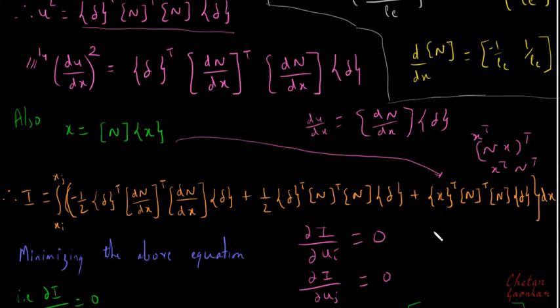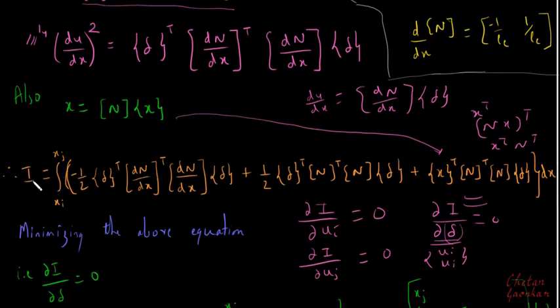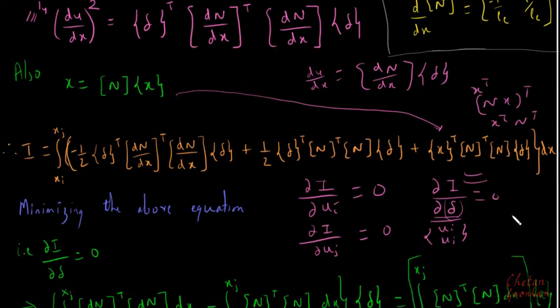Or I can directly minimize this equivalent functional with respect to delta, which consists of both ui as well as uj. So it is better to go with this method rather than going with the two separately. Or we can go with this also, but then we'll have to combine both equations.